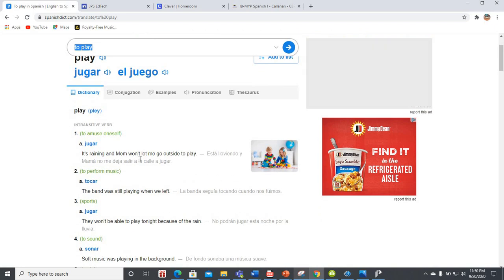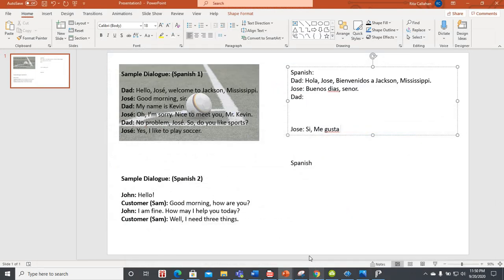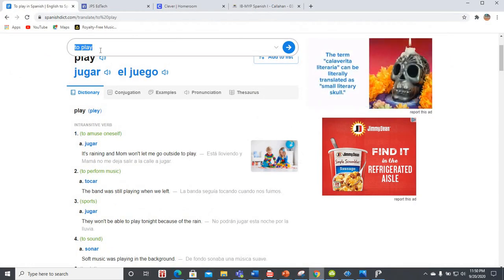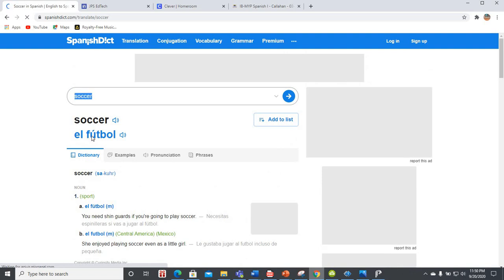It's raining and mom won't let me go outside to play. That's the same way I want to use it to play. So I'm going to go back to my dialogue. Me gusta jugar. But I don't know soccer. So now I'm going to look for soccer. And it's el fútbol. So now I know how to do that. El fútbol.